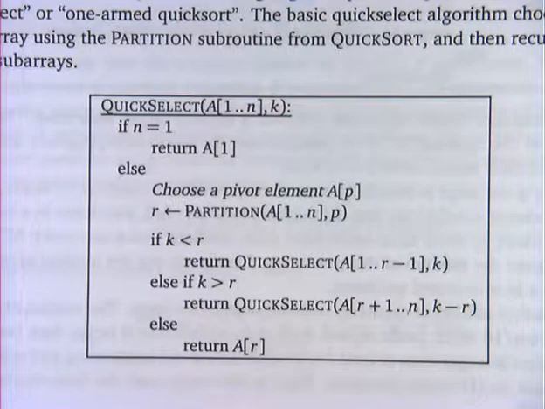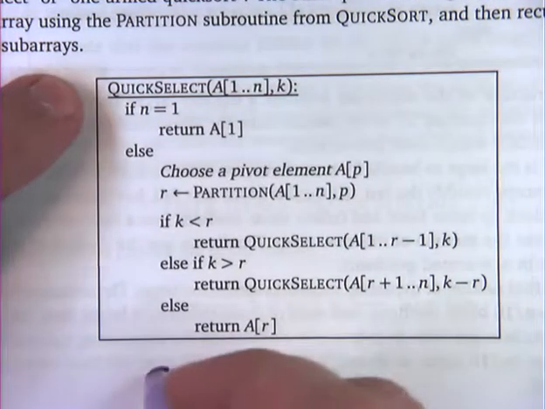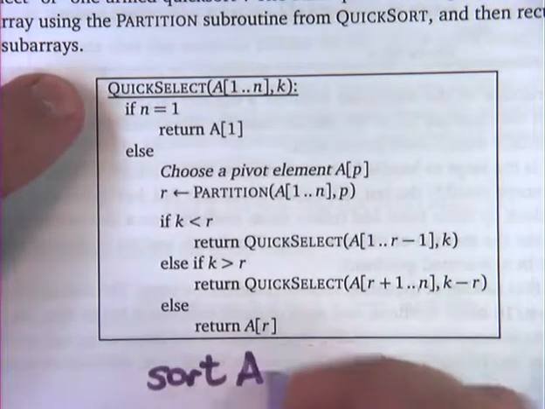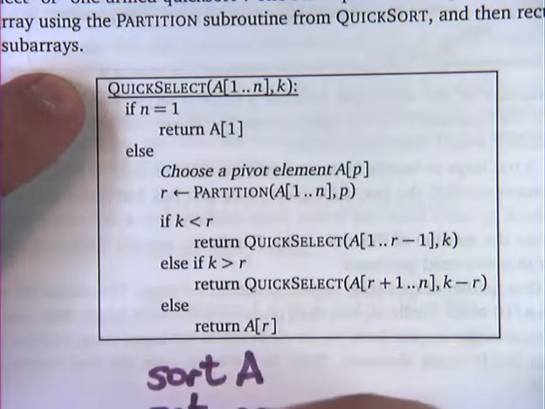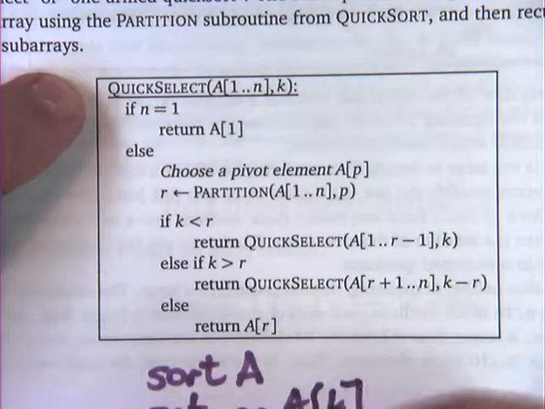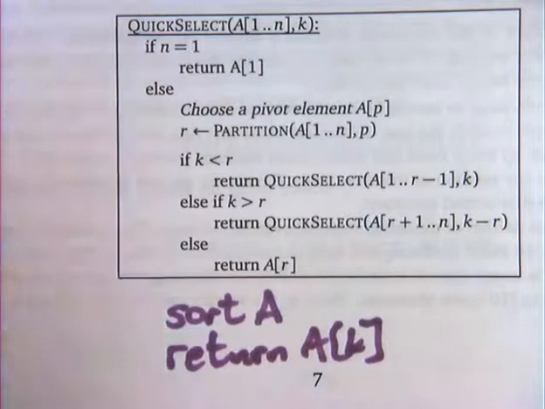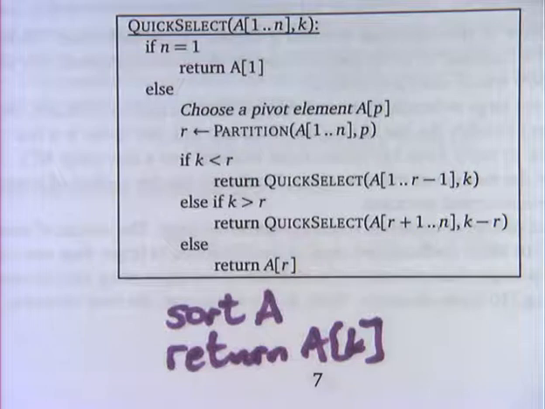What you want is to have an algorithm that returns exactly the same result as this two-line algorithm. But I don't want to sort the array. Okay? So initially, the array is completely unsorted. Otherwise, the problem is one line, one instruction. Okay?